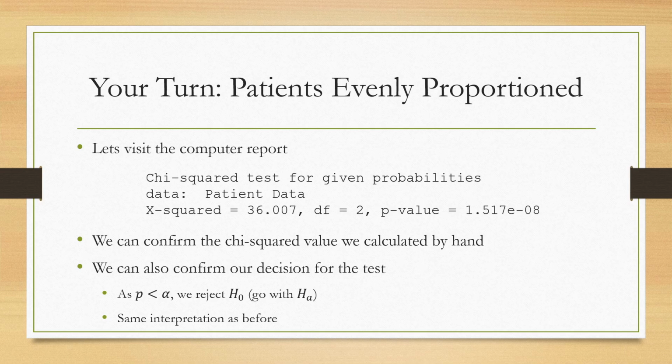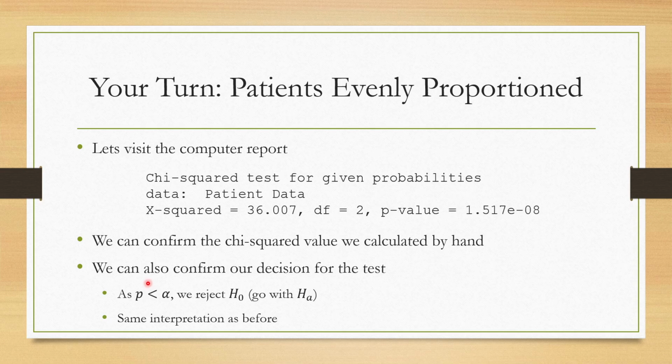I'll note here the p-value might look a little bit weird in this software, e to the negative 8. This implies this is times 10 to the negative 8 power, or we move the decimal place to the left 8 spots. And all of these others are 0. So this is 0.00000000157. So a very small number for the p-value, which is why p is less than alpha. P is a very small number.